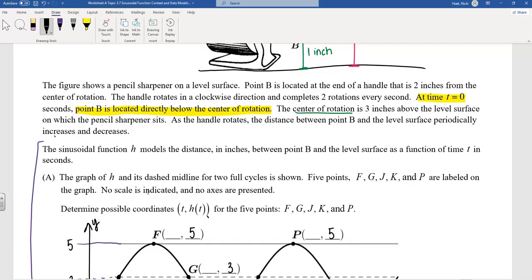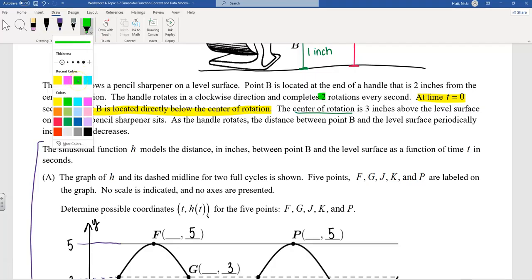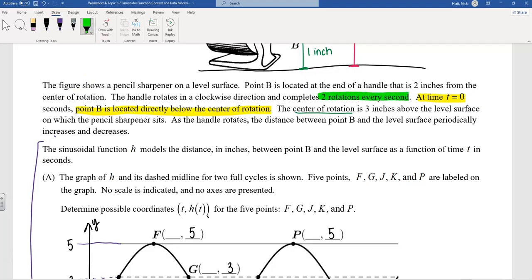What do you guys see that would help us up here? That's it. 2 rotations every second.